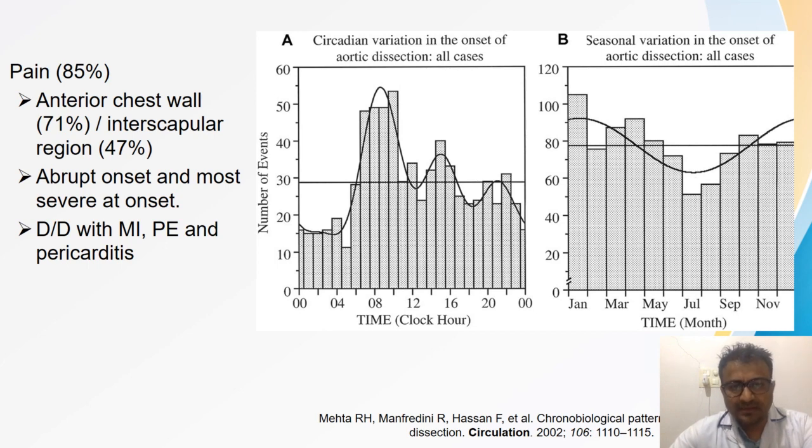On the right side you can also see the seasonal variation. In the summertime, the frequency of aortic dissection is decreased compared to a slight increase in the winter time. There is no explanation for this variation, but observation has suggested the aortic dissection rate is increased during the winter time.